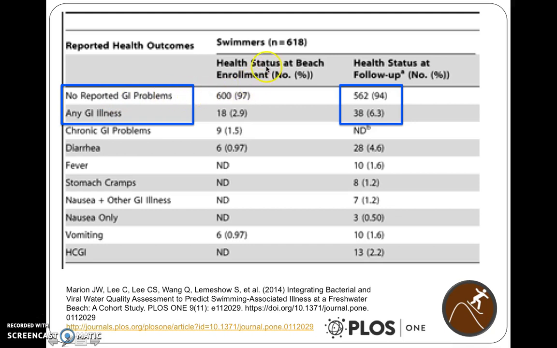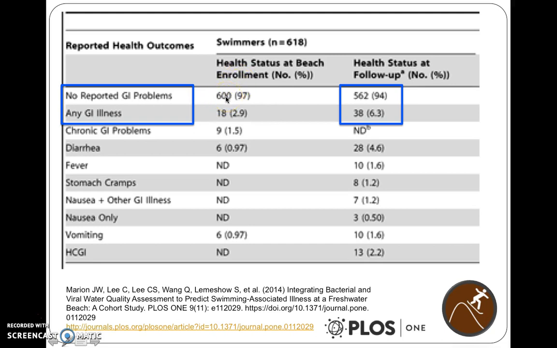These people were enrolled at the beach on a particular day that they were showing up to go swimming. They were called a week later and asked whether or not they had any diarrhea or vomiting or anything like that, along with a bunch of other symptoms. There were 600 people at the study site that were healthy and susceptible to disease at enrollment. So there's the 600.